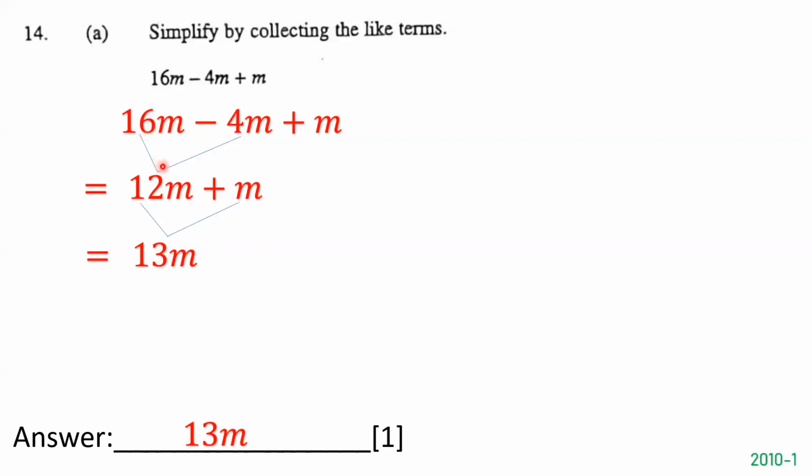We bring down the m, and so this is just like saying 12m plus 1m, and 12m plus 1m is definitely 13m. So the answer here is 13m.